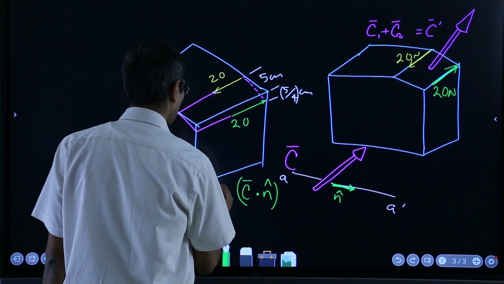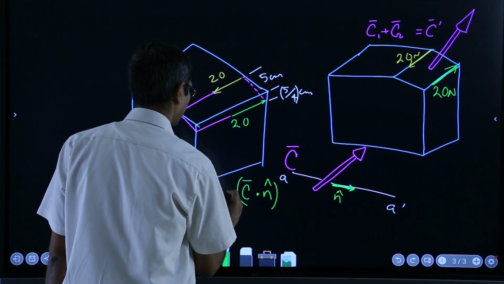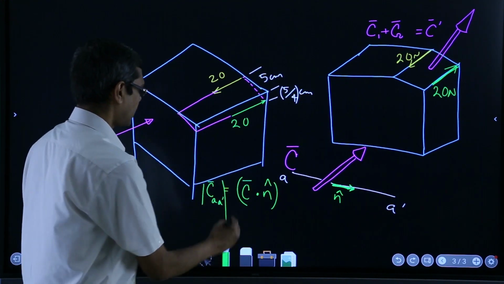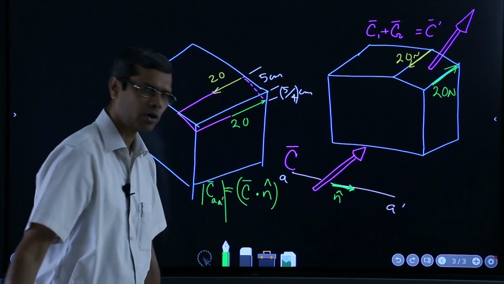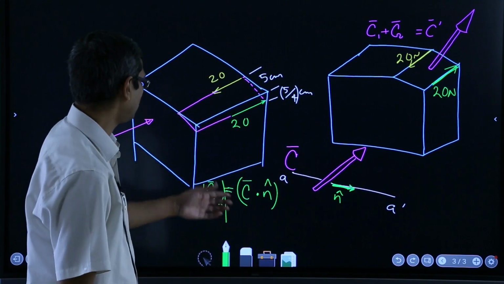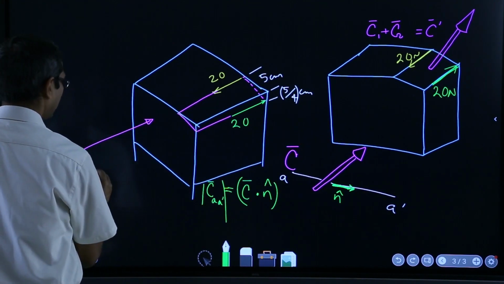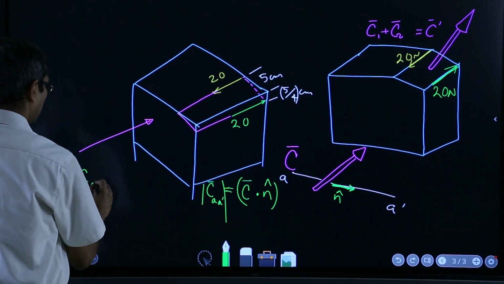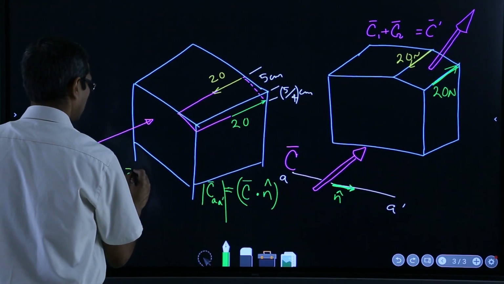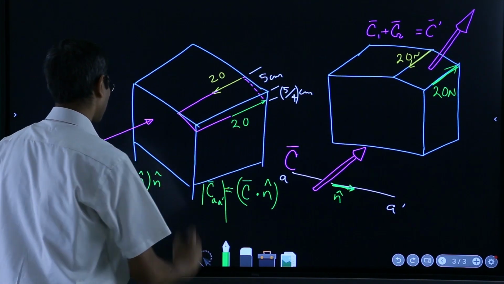So this is in a way C about A prime, and it's again a magnitude, right, because you are taking a dot product, and the direction anyway is fixed in the direction of n. And if you want the vector form, so that will be C A prime vector, which will be C dotted with n times n.